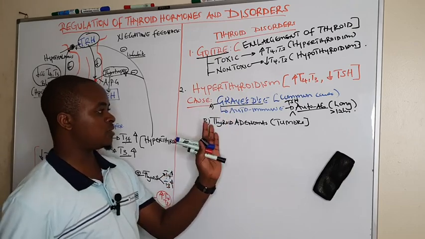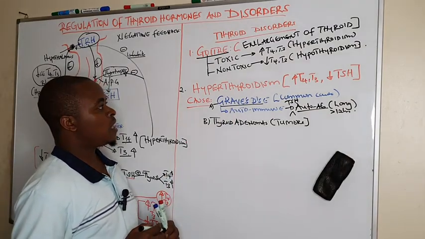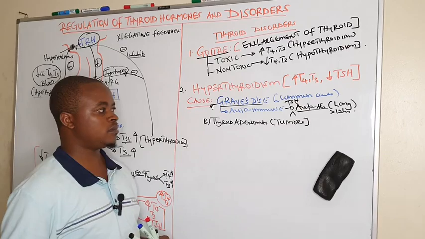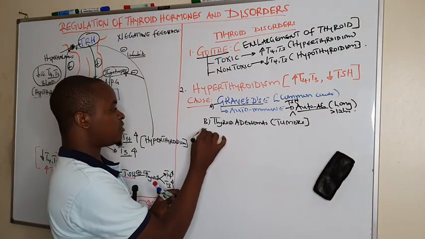So Graves' disease and thyroid adenomas can bring about hyperthyroidism. And this is for primary.